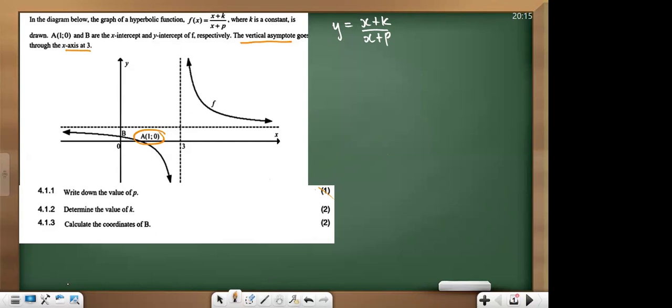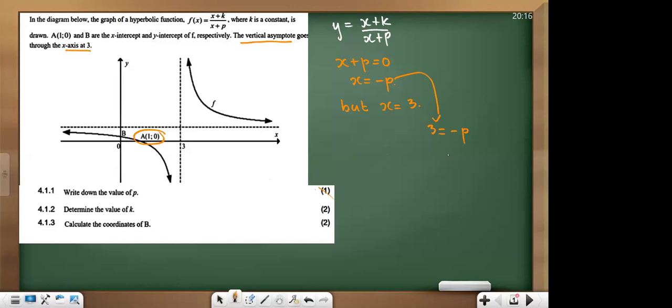Write down the value of p. And how do we get p? It is the asymptote. We know x plus p equals 0. Therefore, x equals negative p. But they give us x equals 3. Wherever I see x here, I put 3. 3 equals negative p.